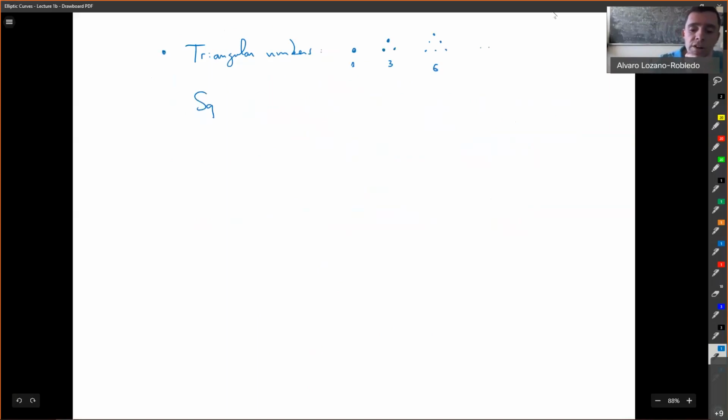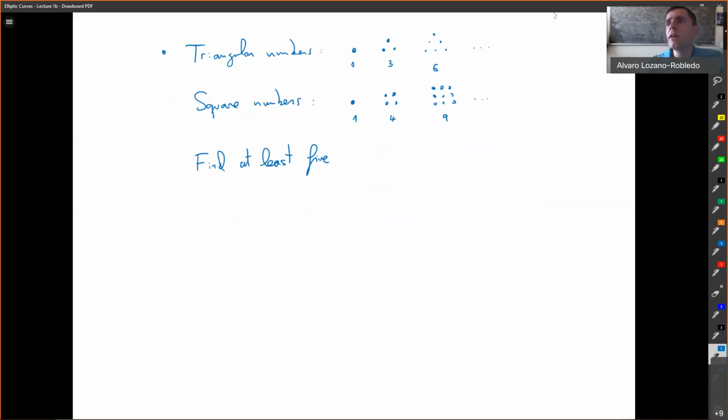Square numbers, of course, you know what those are, but they are numbers that can be arranged, again, in a square form. So 1, 4, 9 are square numbers. And the question that I'm proposing is find at least 5 square triangular numbers.